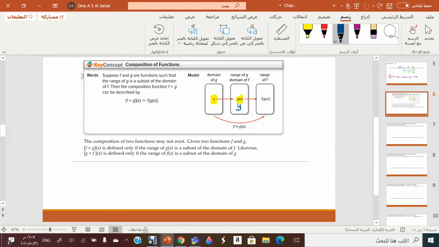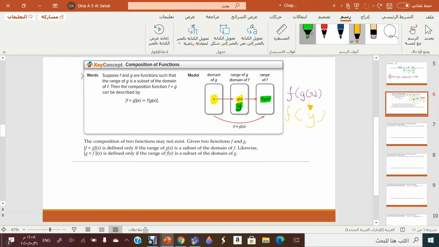And now in a new function, you take these y values and put them as x values for the new function. So if you would like to write it, f, and inside it another function g of x, so this in general will be your y values of g.